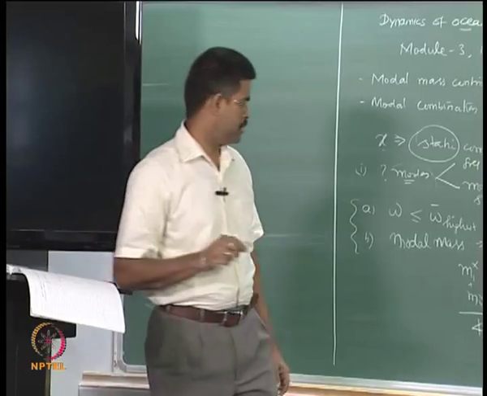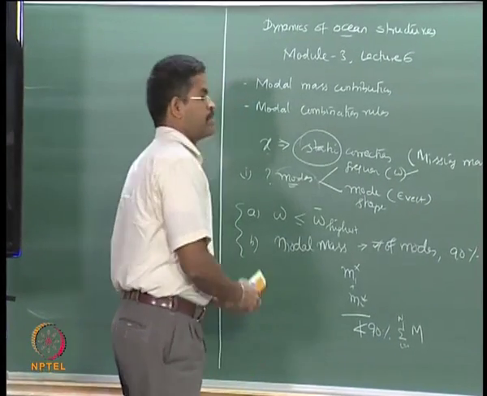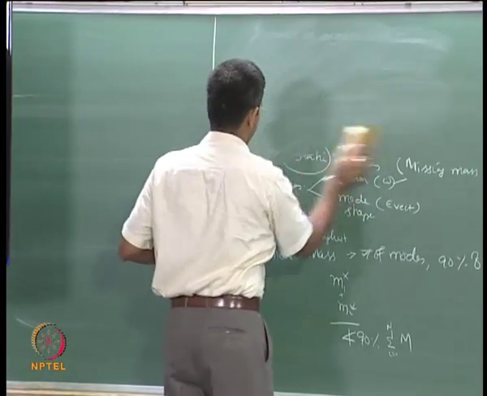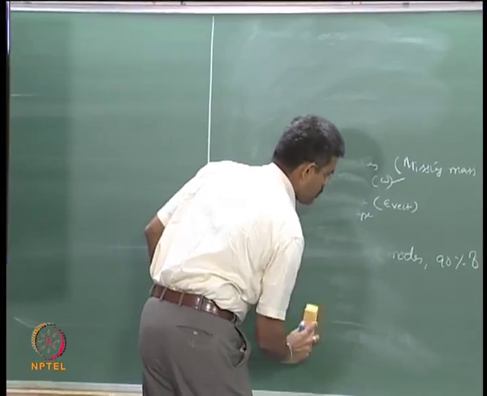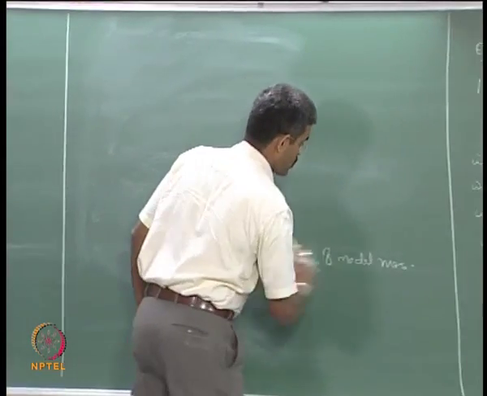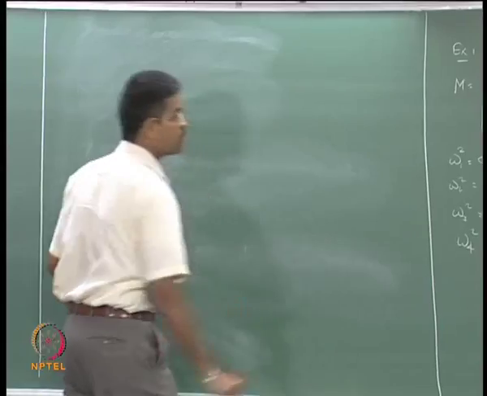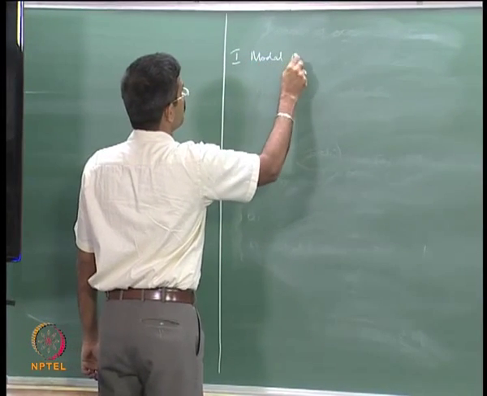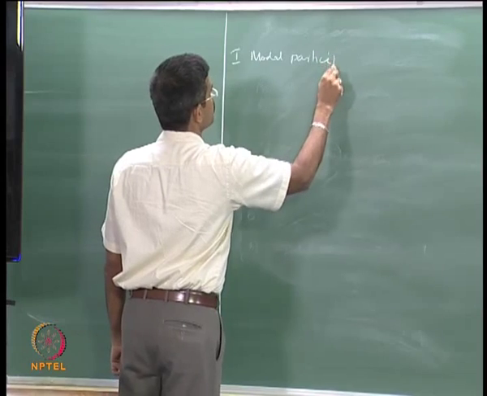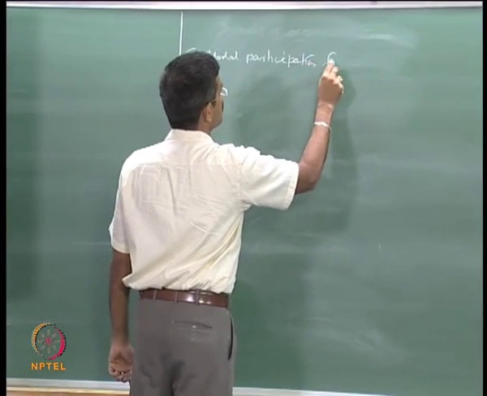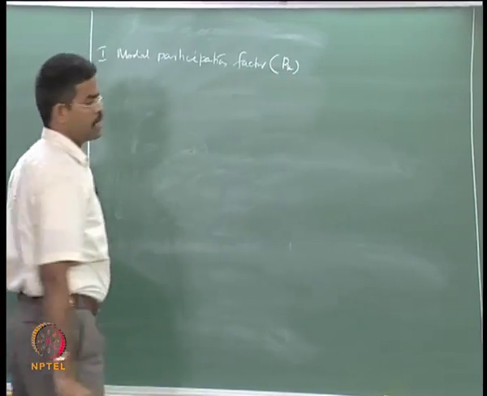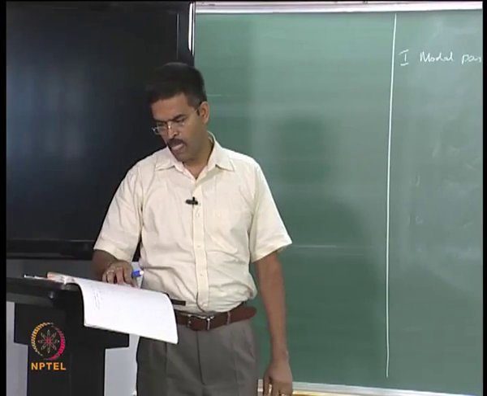So, we wish to estimate the modal participation factor on this problem in each of the modes. We will also work out the modal mass contribution. So first, the modal participation factor, which I call Pk for the kth mode.